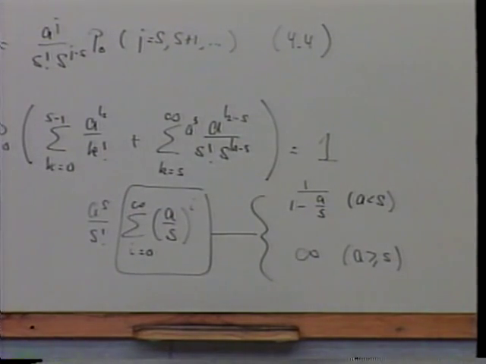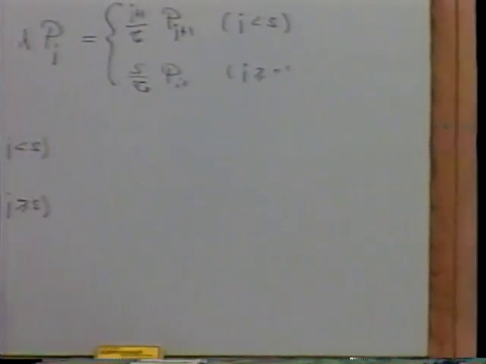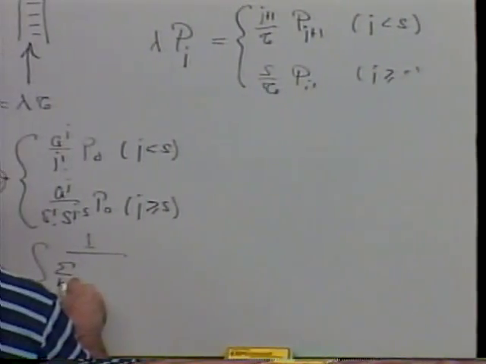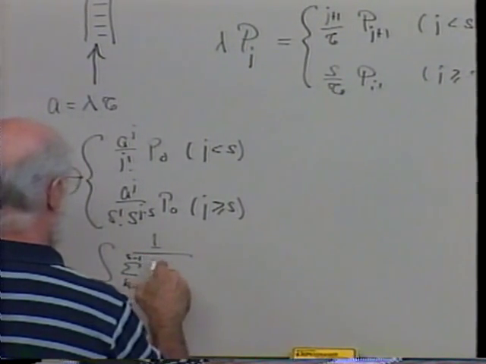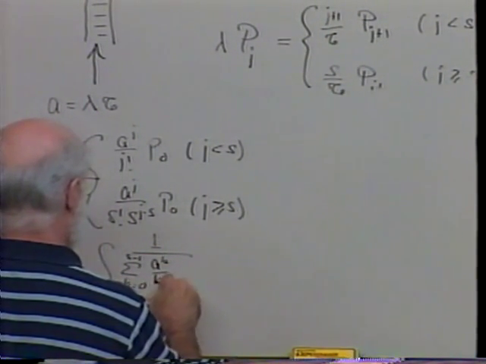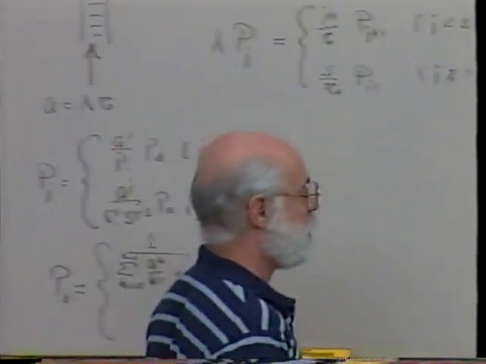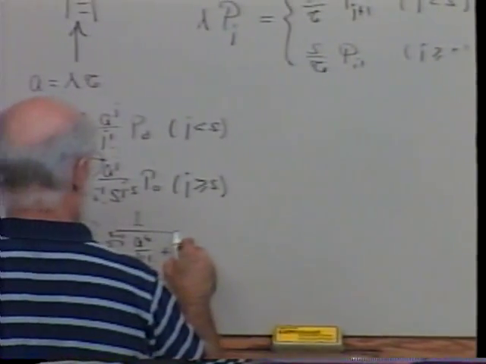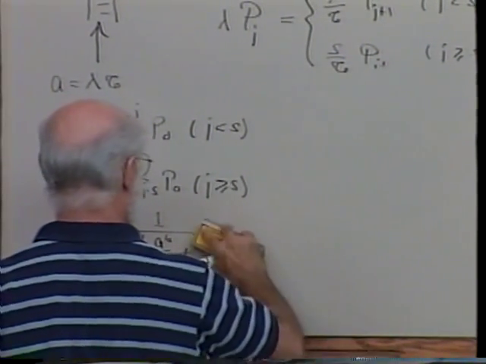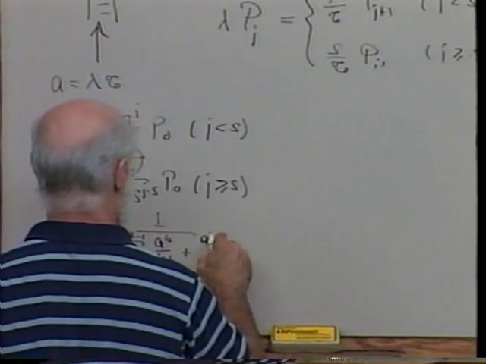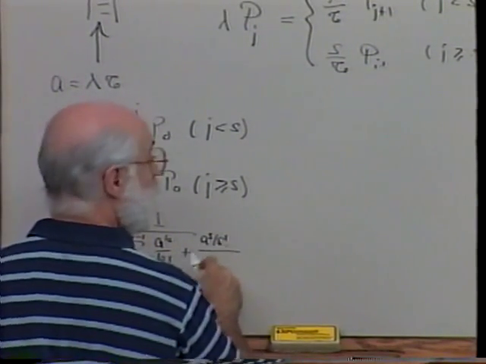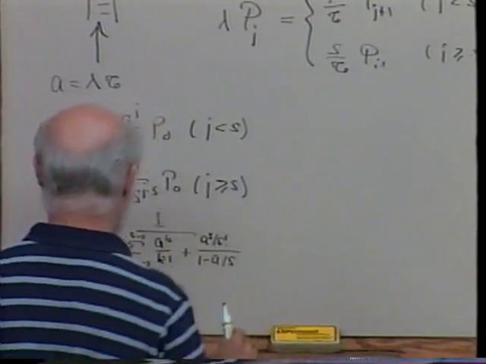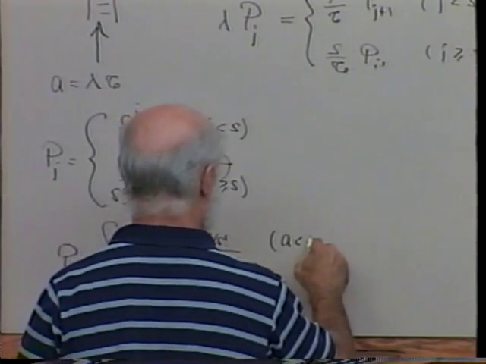So in other words, P0 is the reciprocal of this sum: the sum as k runs from 0 to s minus 1 of a to the k over k factorial plus a to the s over s factorial times that, a to the s over s factorial divided by 1 minus a over s. And that's what P0 is if a is less than s.